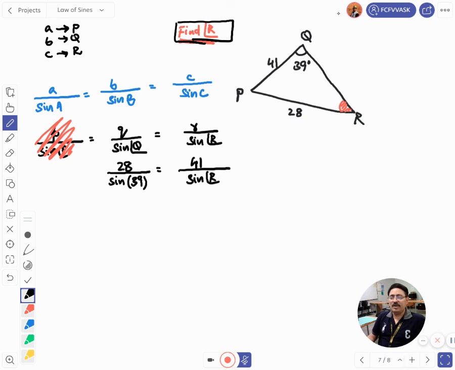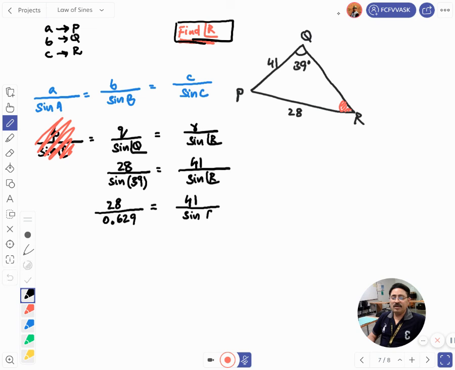So let me grab my calculator. This one seems pretty easy. Sine 39 is 0.629. Actually, I told you earlier to take only two places of decimal, but here, if you take three, the accuracy will be really high.